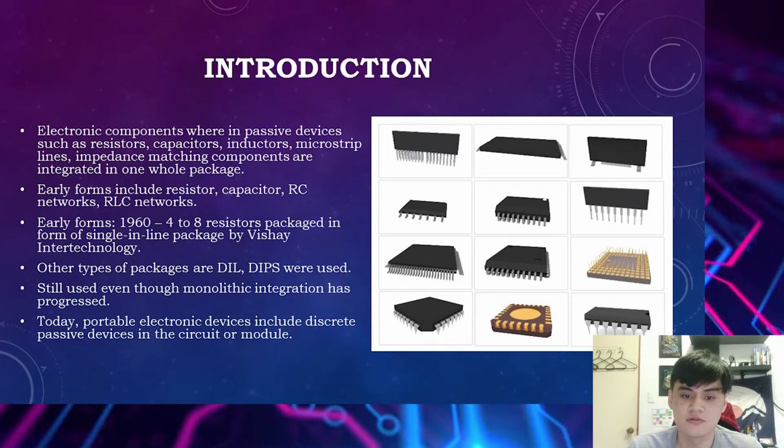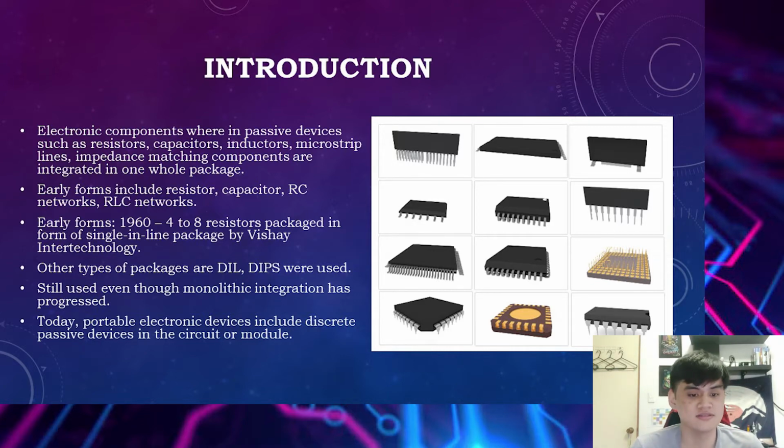Electronic components in passive devices such as resistors, capacitors, inductors, microstrip lines, and impedance matching components are integrated in one whole package. Early forms include resistor, capacitor, RC networks, and RLC networks.